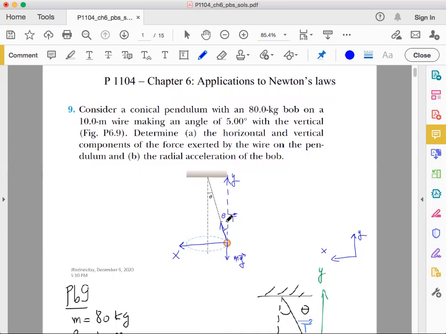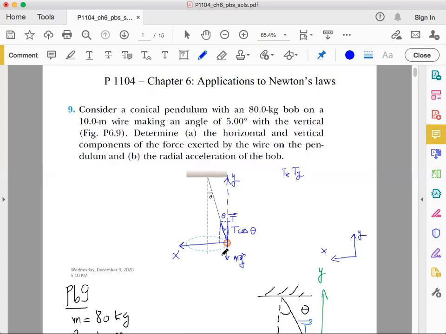Actually, we can recognize immediately that we can access Tx and Ty. So we are required to get the horizontal and the vertical components of the force exerted by the wire on the pendulum. So we need to determine what are Tx and Ty. Now, you can see immediately that the projection of the force T onto the y-axis is nothing else than T cosine theta.